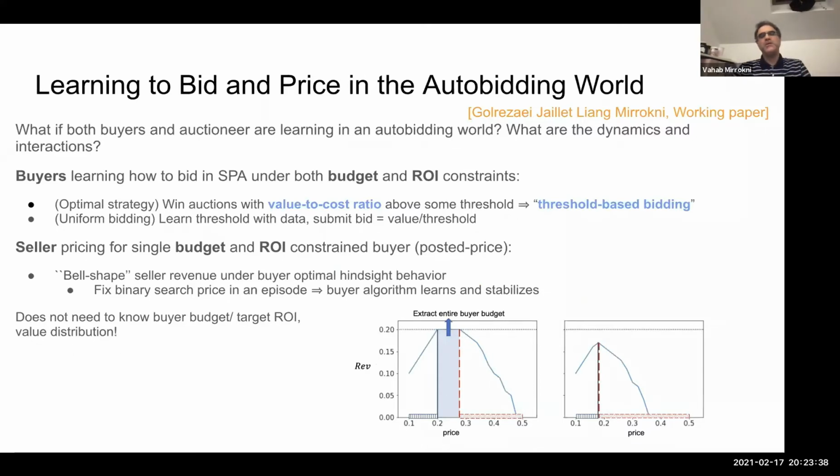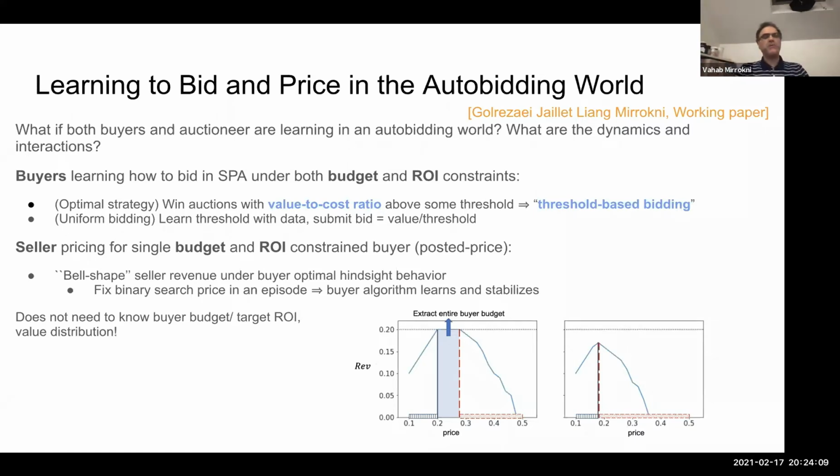So the question here is, what's the dynamic of a bidder who is trying to learn their bidding strategy and an auctioneer who is trying to price against these bidders who are optimizing? What happens if they both optimize or they both learn their best strategy? So this is again an academic exercise to understand the situation and the convergence of these types of models.